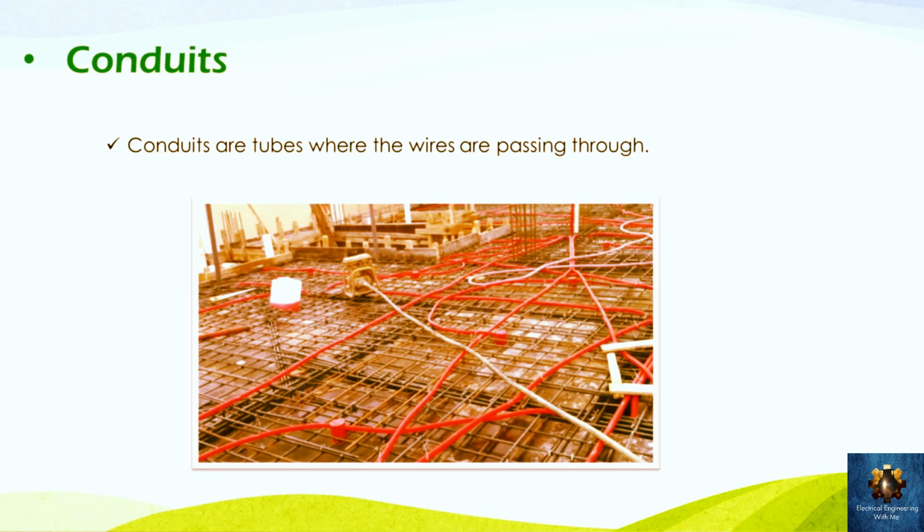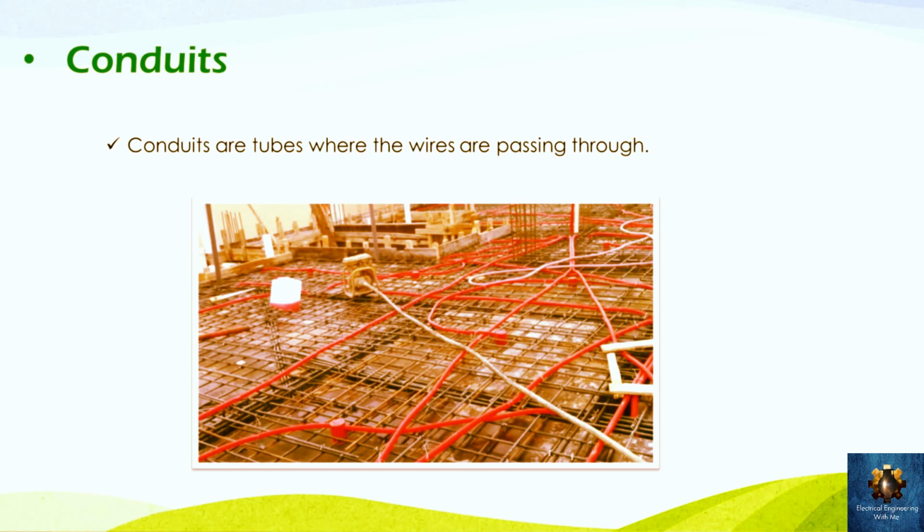This is because electrical wires cannot go freely in the air to feed the electrical loads, so the wires pass through conduits, which protect the wires from any damage or cut. So the conduit represents the cover or the passage that the electrical wires go through.